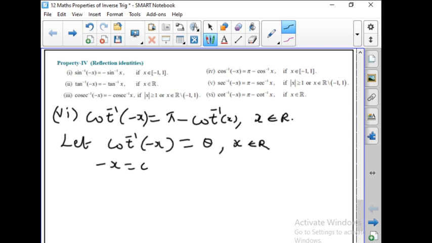Minus x is equal to cot theta, and minus cot theta can be written as one more step.